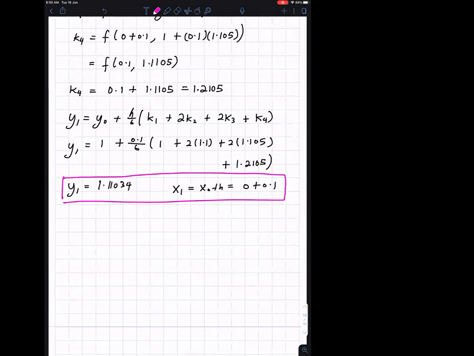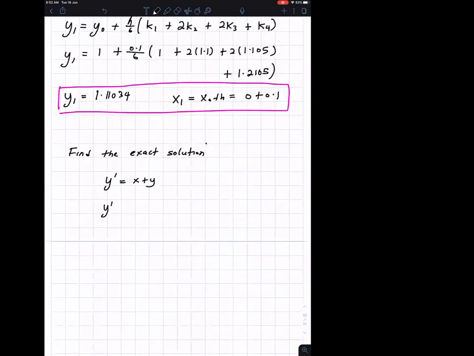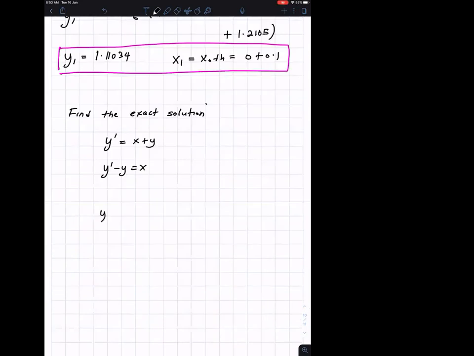Okay, we are almost done, but I would like to show you how to find the error. If you're told to find the error, then you have to find the exact solution. You can rewrite this as y prime minus y equals x. In this case, it will be in this form: y prime plus p(x) y equals q(x).